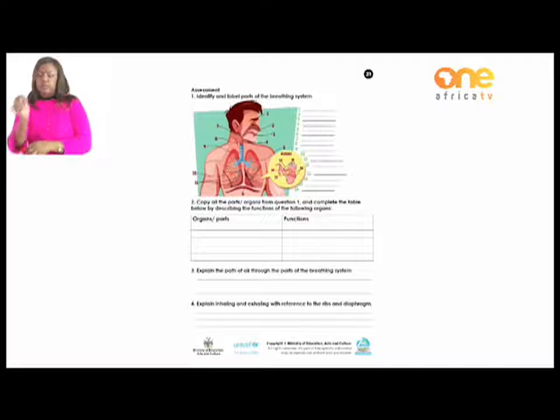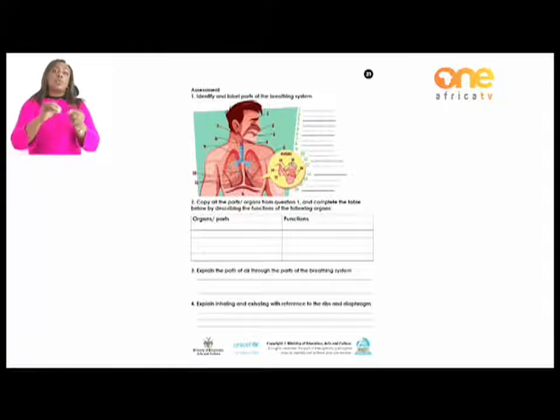You don't have to put all. The table doesn't have up to number 16, but you're only going to look at the basic ones, the functions that you have previously discussed: nasal cavity, voice box, windpipe, ribs, and the diaphragm. You only give the functions that we have learned today.